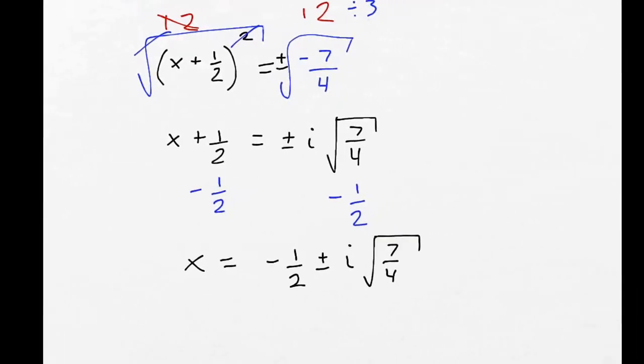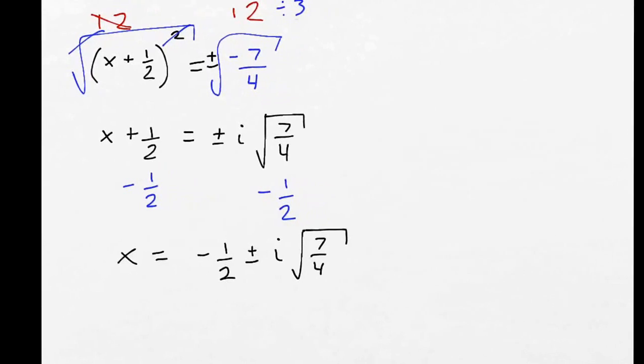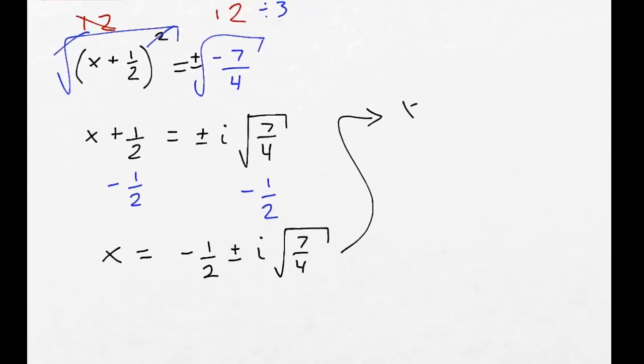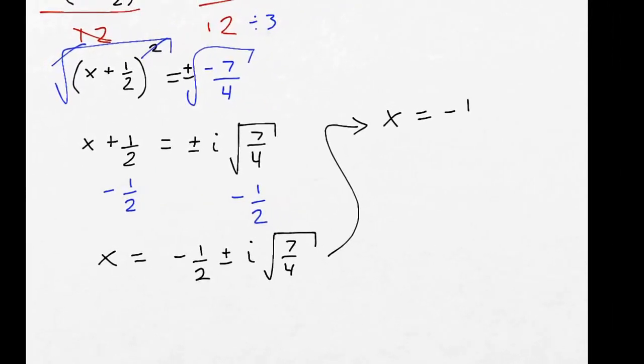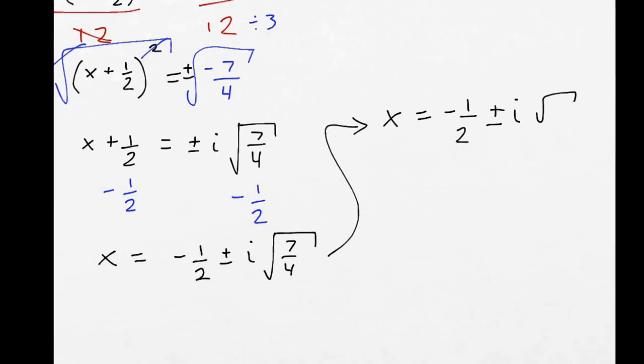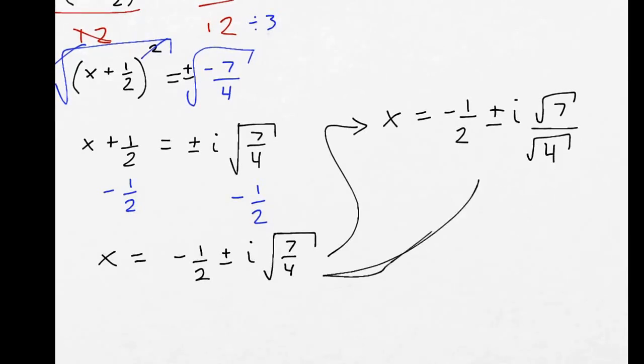That is the answer. I could also, remember, write it as two separate equations. 1 over 2 plus or minus i root, I could write it like this. I think I mentioned this before. I noticed that this is a perfect square. So these are actually the same thing.